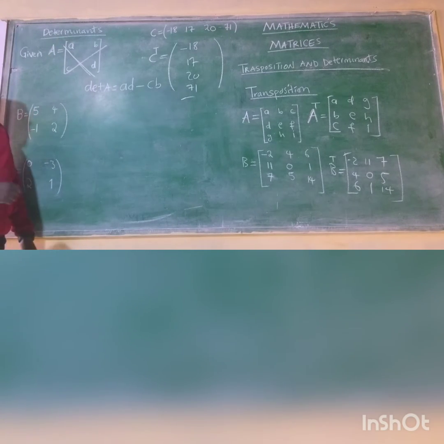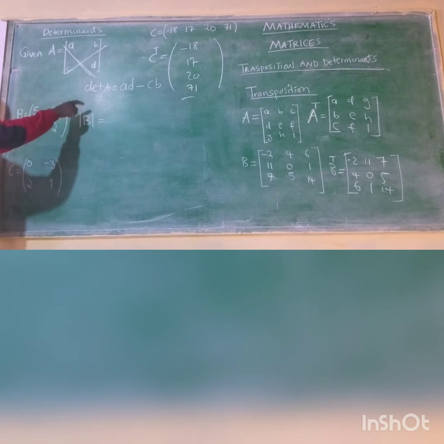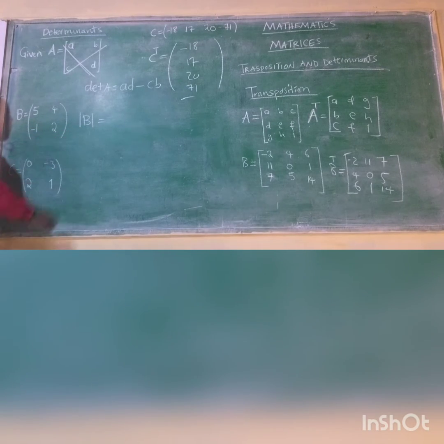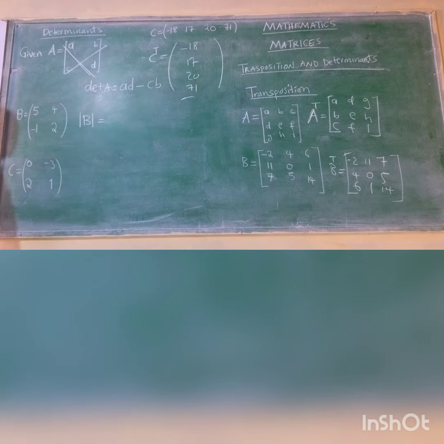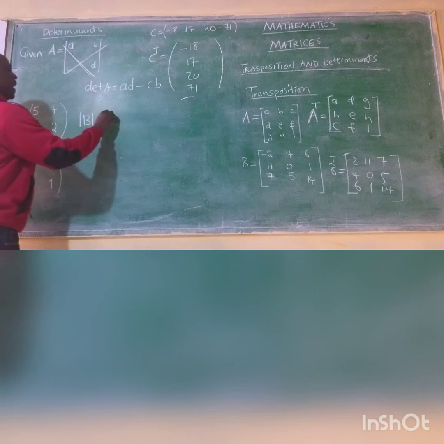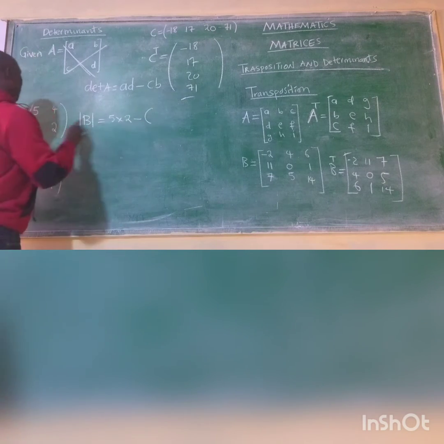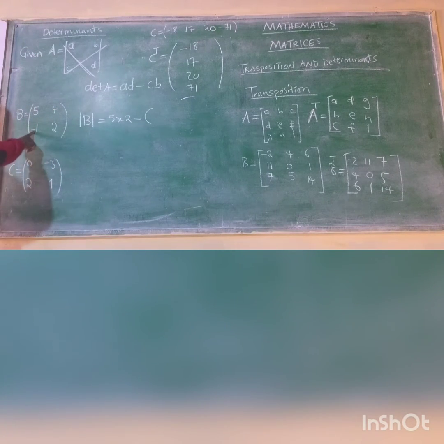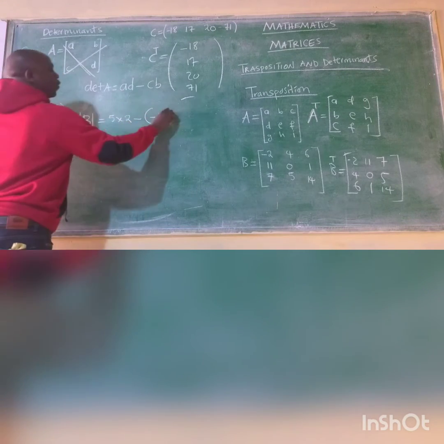Now let's move on to a practical example. So we have matrix B, which is 5, 4, -1, and 2. To find the determinant of B, which may also be written like that by using just the vertical lines, it means the determinant of B, or if you like, you can use this short form of writing the determinant. So we multiply 5 multiplied by 2, then minus, you can open bracket because of this minus that we have here, minus -1 multiply 4.